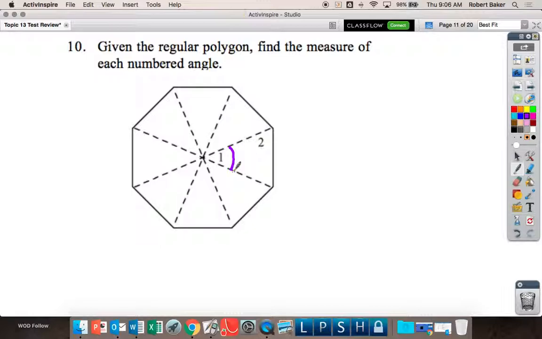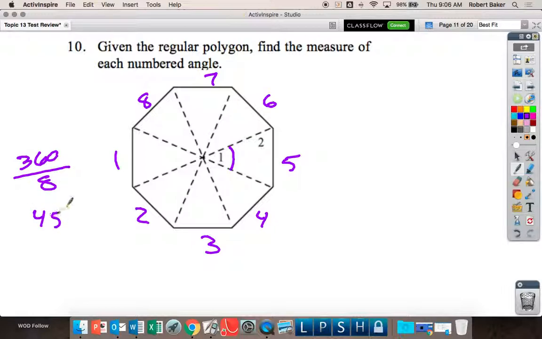This shape has 1, 2, 3, 4, 5, 6, 7, 8 sides. So if you do 360 divided by 8, each angle in here is 45 degrees.